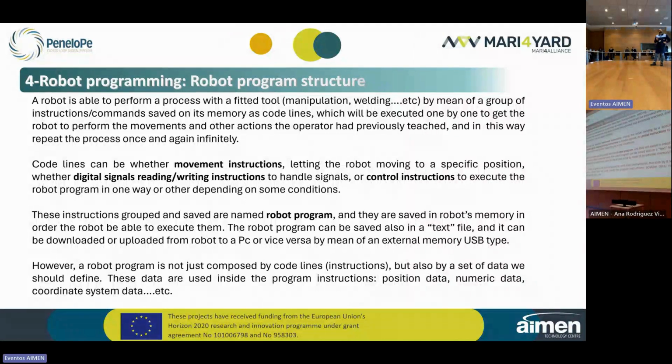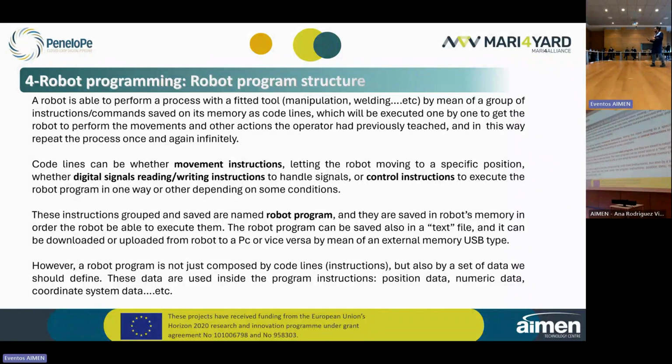The code lines can be either movement instructions, as I told you, letting the robot move into a specific position previously saved, or digital signal reading and writing instructions. You can set or reset a digital signal, or you can wait for an input, for example to start the process.